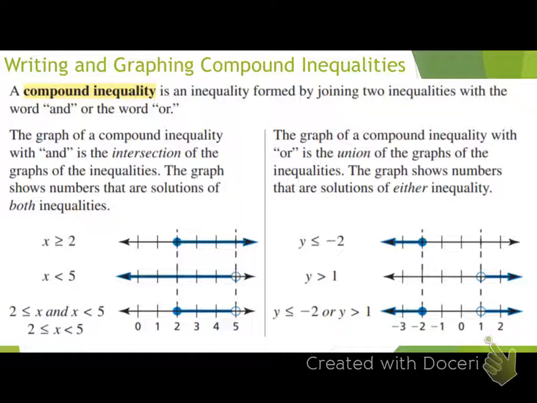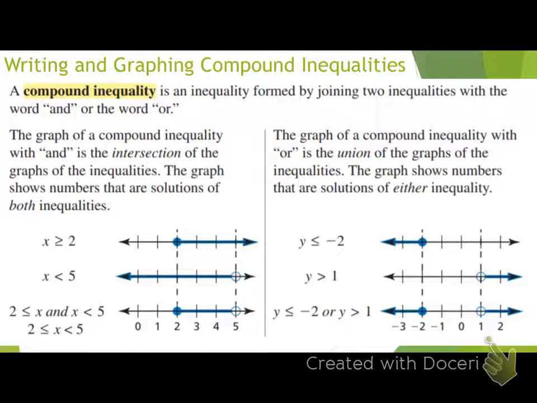Okay. So if I picked this graph up and put it on top of this one, where would they be the same? Well, between which two numbers? Between 2 and 5, right? Here's the graph right here of our intersection. Does everyone see that? It's where they're the exact same.